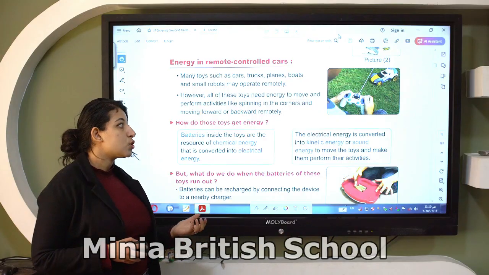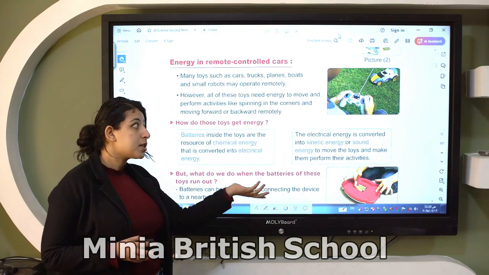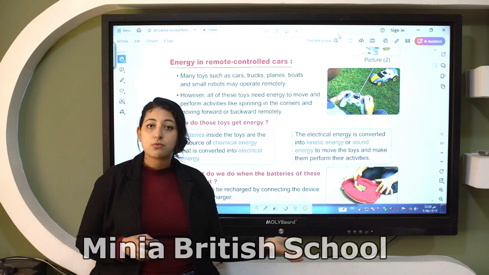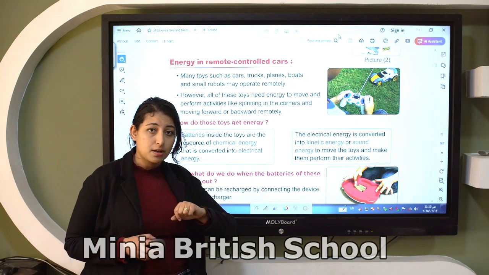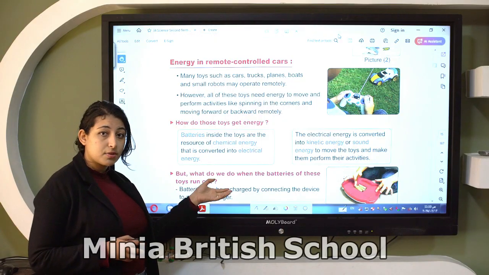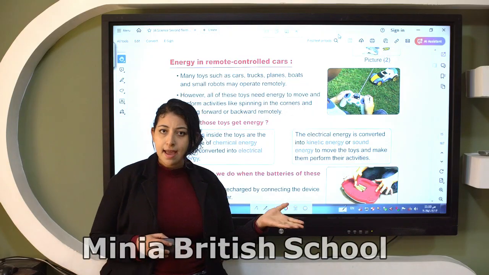So I can draw an energy chain for this toy car. This toy car has a battery, or is working remotely by using a remote control. This remote control has a battery inside. So I can say the chemical energy inside the battery changes into electric energy in the electric wires. How?